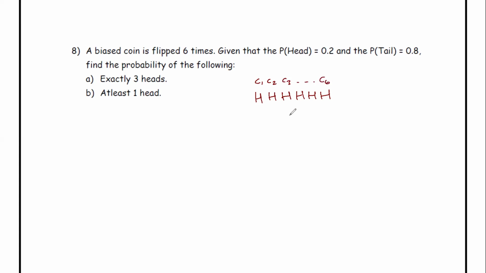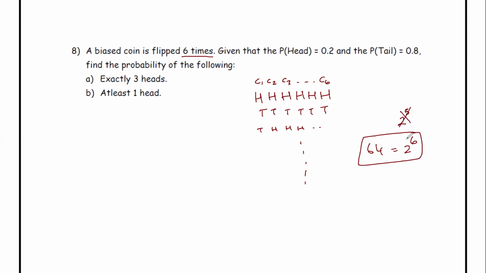The outcomes are all H's, all T's, one tail and all H's, etc. Like that you have 64 total outcomes, that is 2 to the power 6. Remember, if a coin is flipped 5 times, or 5 coins are tossed, then the outcome is 2 to the power 5. But we are looking at this one. Now, question A is exactly 3 heads.